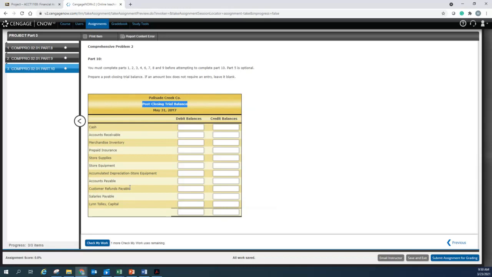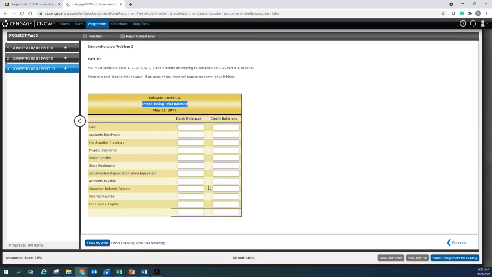Why is that? This is the post-closing trial balance, and we don't have those accounts on here. Someone tell me. Andrew says closing entries previously cleared those accounts. Outstanding. Yes.